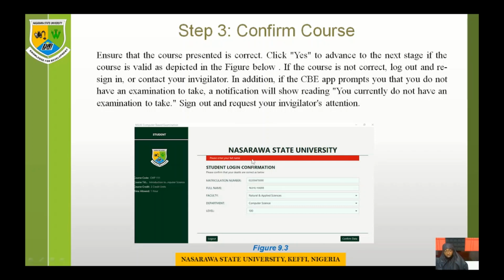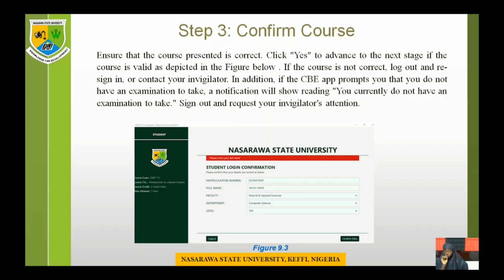Then sometimes the CBT application might prompt you that you don't have an examination to take. That always comes with a red button at the top side of the CBT examination portal. You have a notification showing you currently do not have an examination to take. If you have such an issue, what are you going to do?